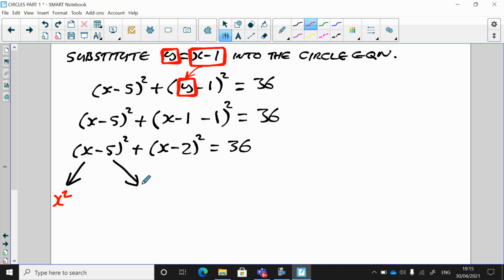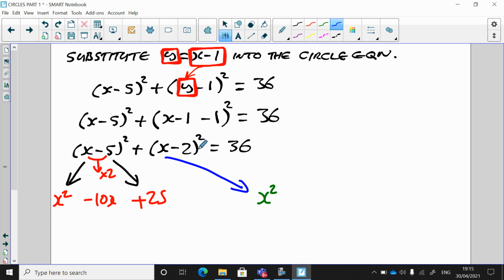So you would get x squared, and anything negative times negative gives a positive, so that'll be plus 25. To get the middle term, multiply them together and double. So you get negative 10x. Can you do likewise with the second one? Square the first: x squared.